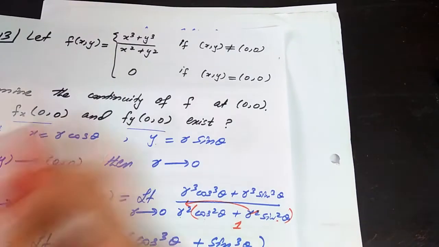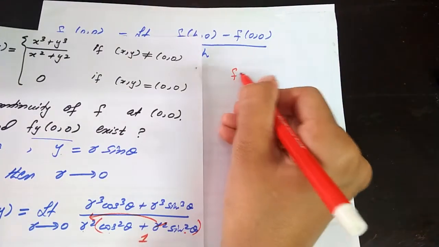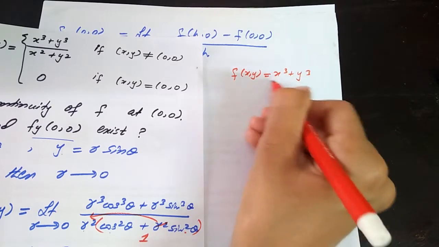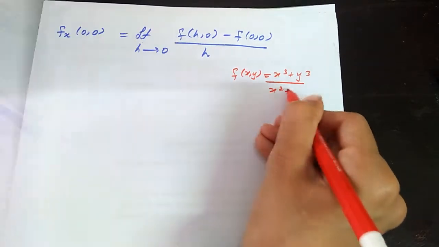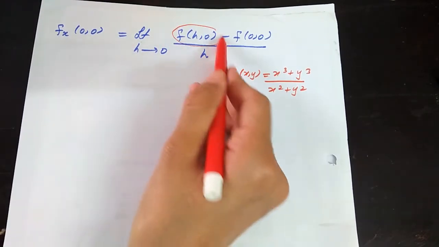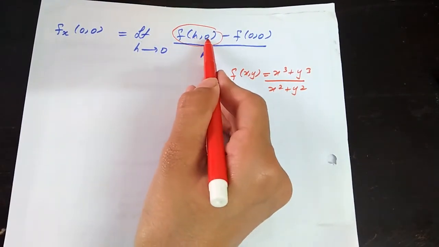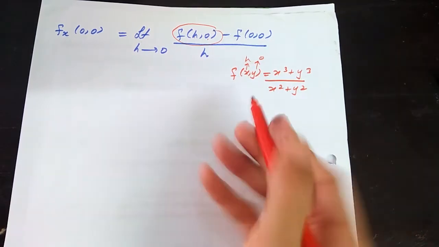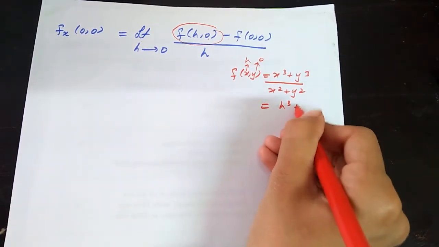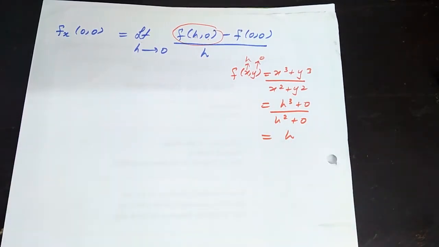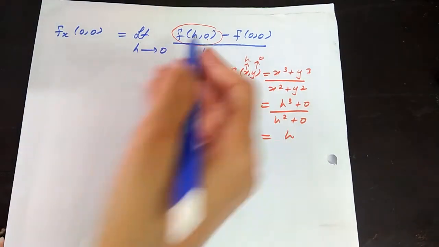Our function here is f of x, y is x cube plus y cube divided by x square plus y square. Now here we have h and 0. Replace your x with h and replace your y with 0. We will get here h cube plus 0 over h square plus 0, that will be equal to h.